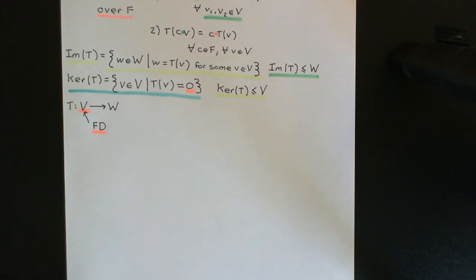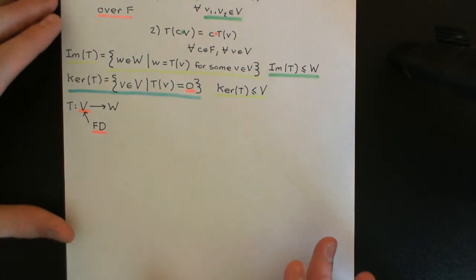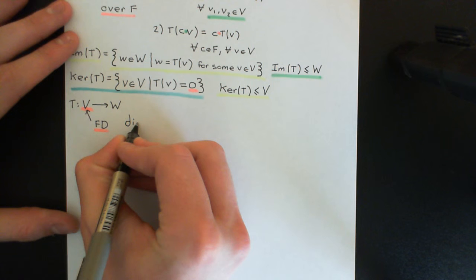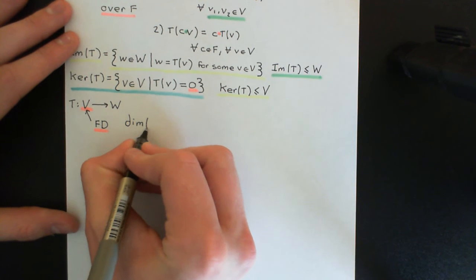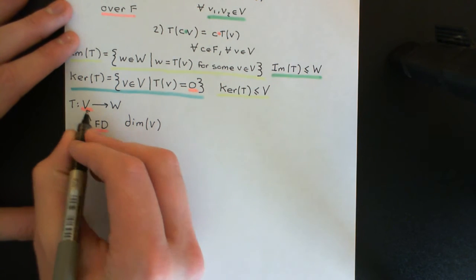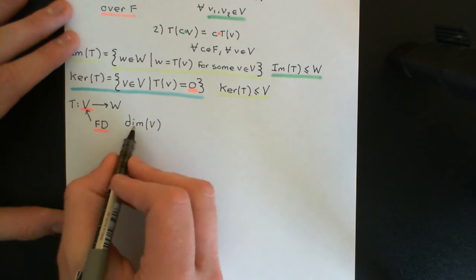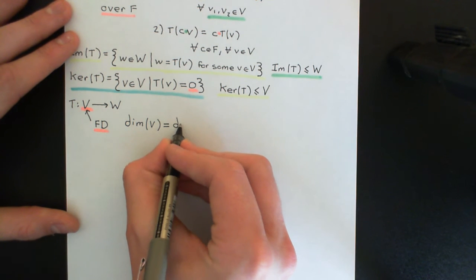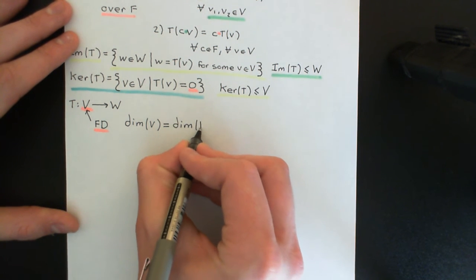Okay, so now the statement of the dimension formula. The dimension formula says that the dimension of the domain vector space, dim V, and that's why we need it to be finite dimensional, because we need this to be some finite value, is equal to the dimension of the kernel of the linear transformation.